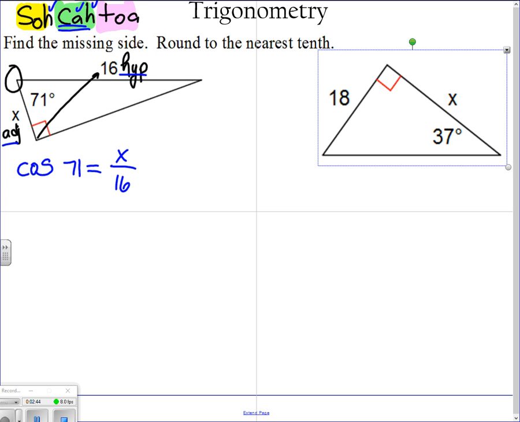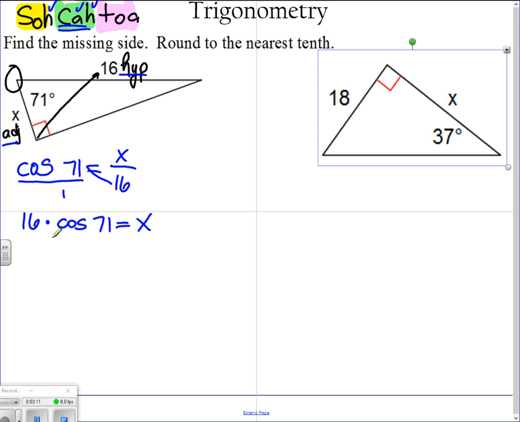Now, to solve this problem, the way to do it is make it a proportion. So that's a fraction. Make this a fraction. Cross multiply. So this will be 16 multiplied by cosine of 71, and this will be the x. Now the x is by itself.